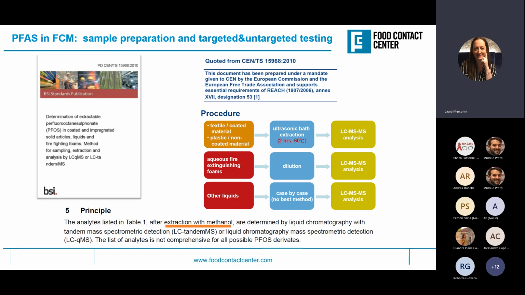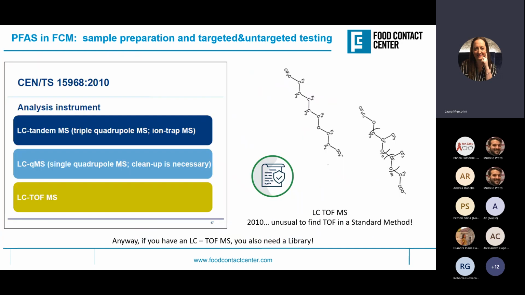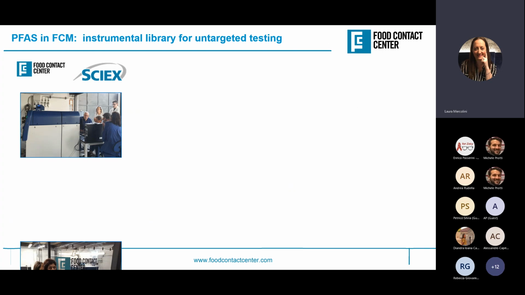So extraction after ultrasonic bath extraction with methanol, and then testing using liquid mass. And also the standard is asking to use the time of flight. So in that period in Intertek, there was just one instrument of that type, so it was not easy to respect the standard.